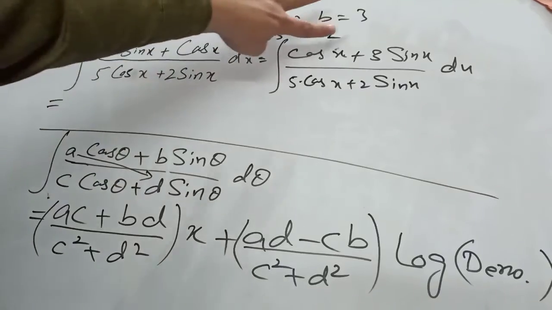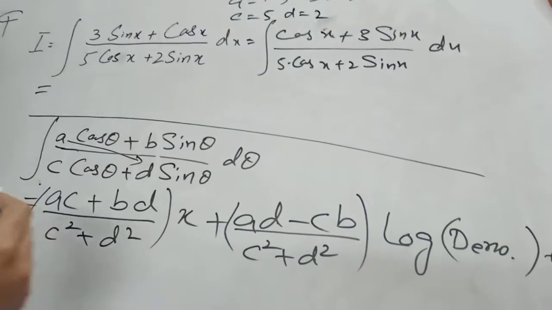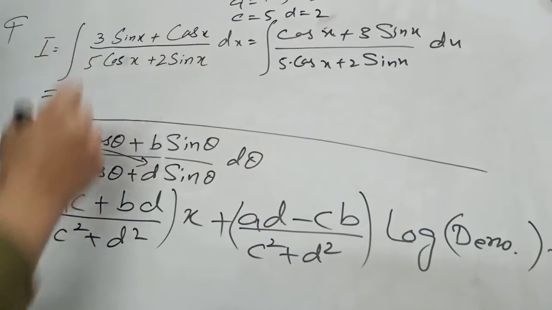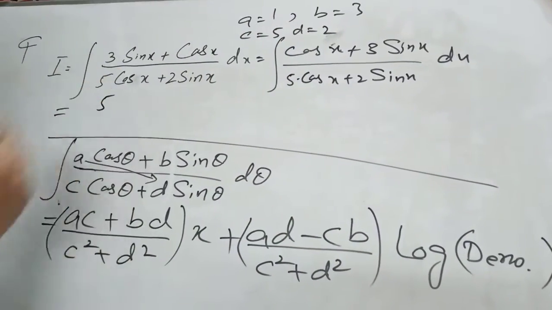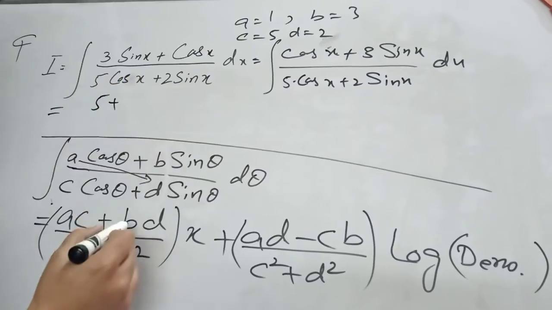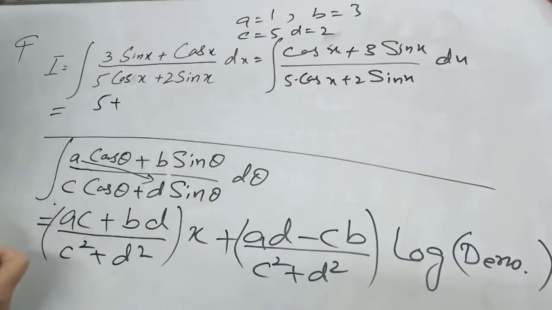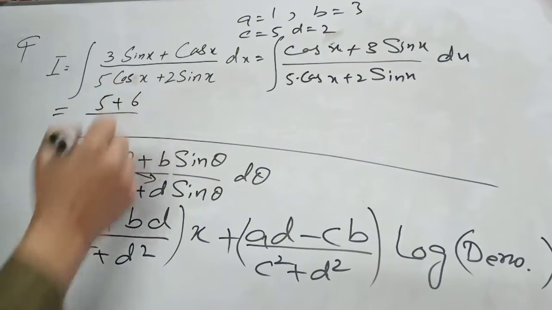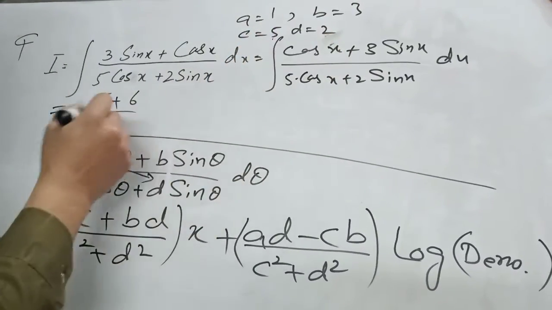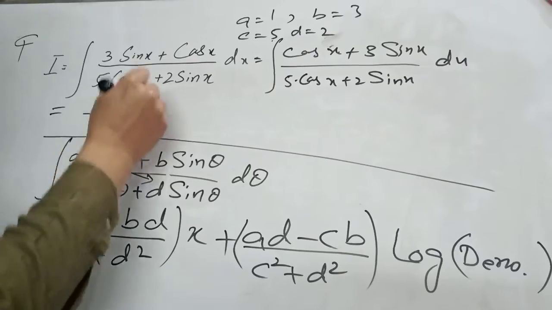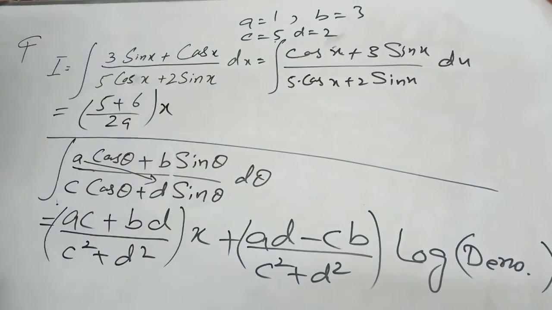You are going to put these coefficients in this formula and it will be your answer. AC will be 5, plus BD, which is 6, divided by c square plus d square, 25 plus 4, it will be 29, into x.